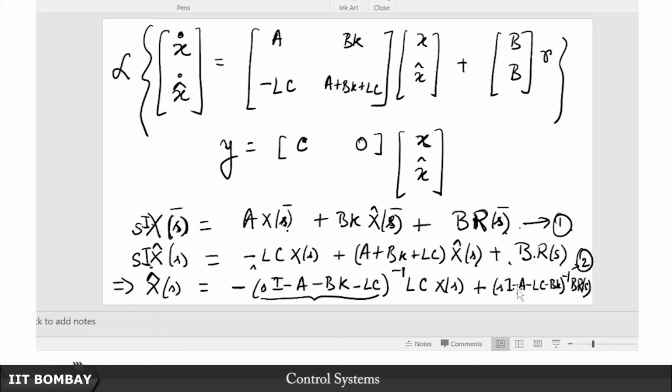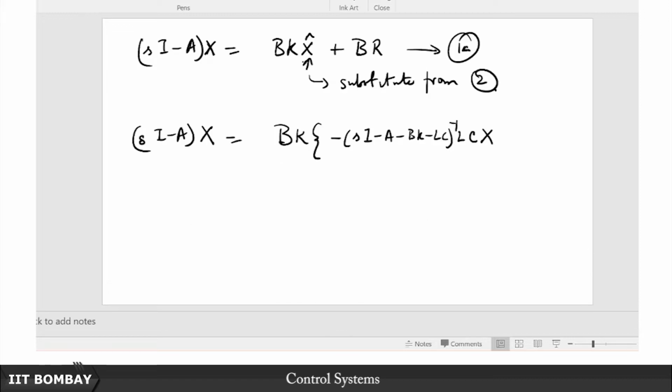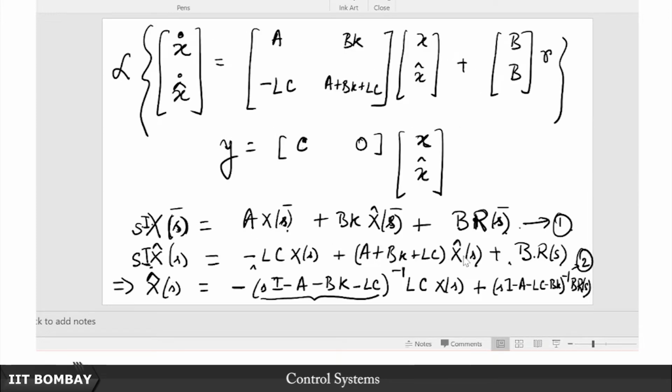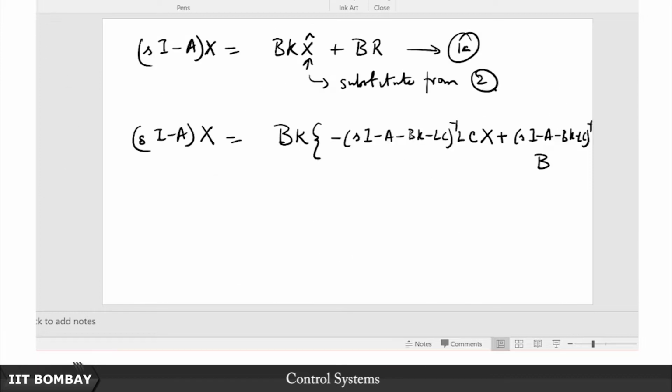What is the second term? It is again this jumbo term, (sI minus A minus BK minus LC) inverse times B R, and not to forget there is also this other term, that will be descending from here. So I am going to substitute for this x hat here.